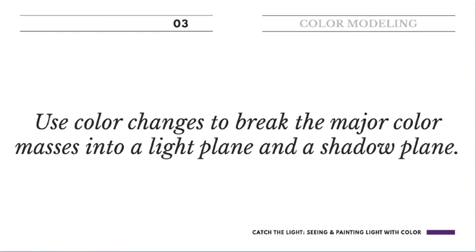So what I mean by that is to use changes in hue, changes in temperature, and changes in value to break those 5 to 7 major color masses down into smaller variations that include a light plane and a shadow plane.